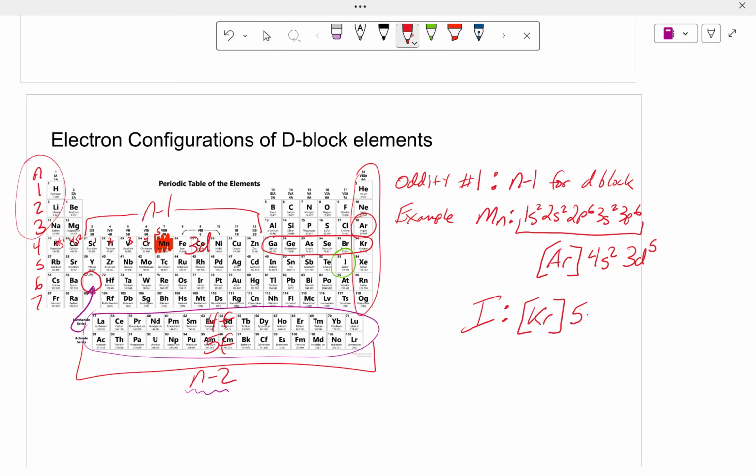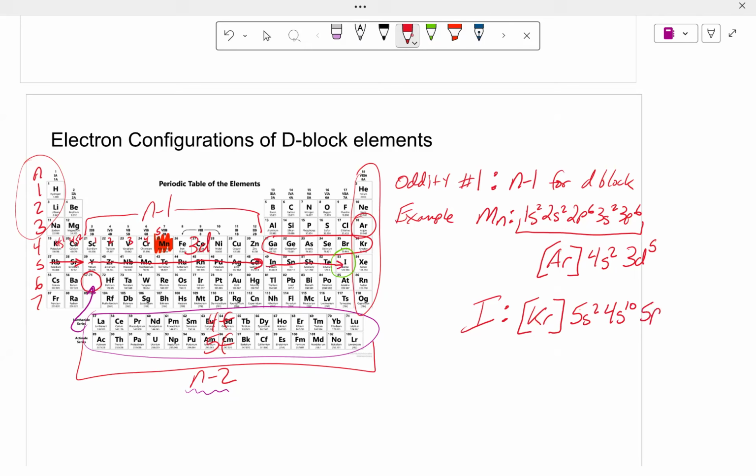5s2. So I've gone all the way there. And then I'm counting over 10 spaces to get through the D block. Again, it's n minus 1, so 4s10. And then I go back to 5 for the p subshell.